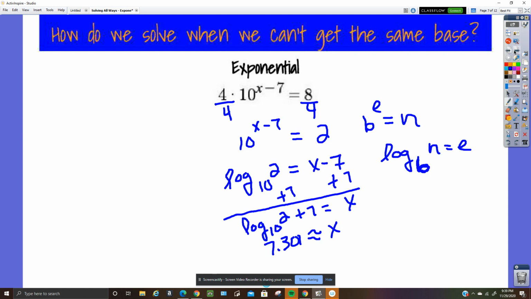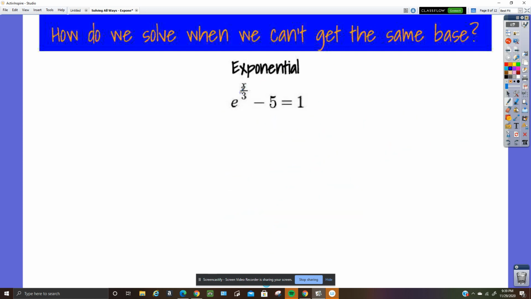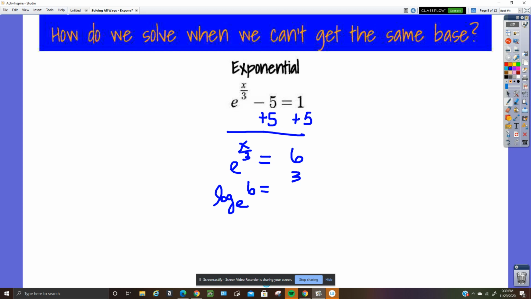All right, the next one is an exponential not in the same base, so we want to isolate it. First thing we'll do is add 5 to both sides. So e to the x over 3 is equal to 6. So you want to do log base e of 6 is equal to x over 3.